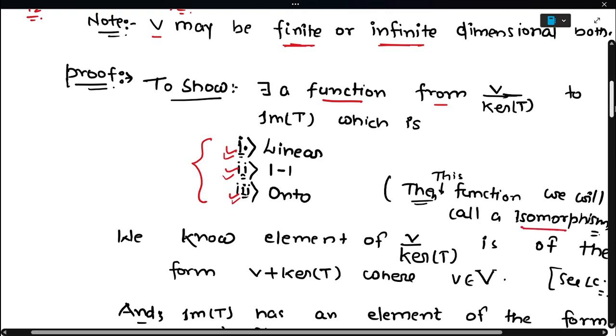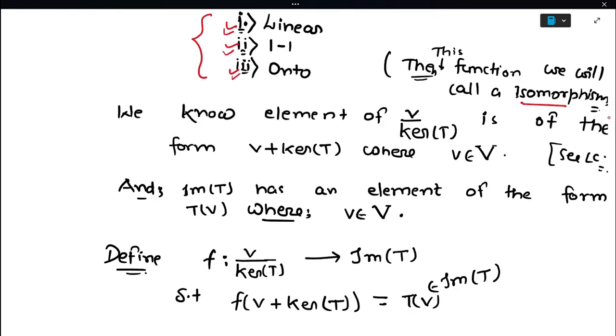We know that an element of V by kernel of T looks like v plus kernel of T, where v belongs to the vector space V. And image of T has elements of the form T of v.